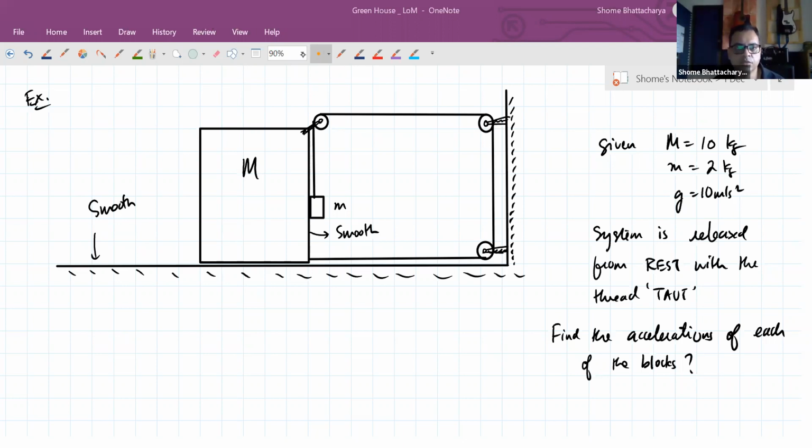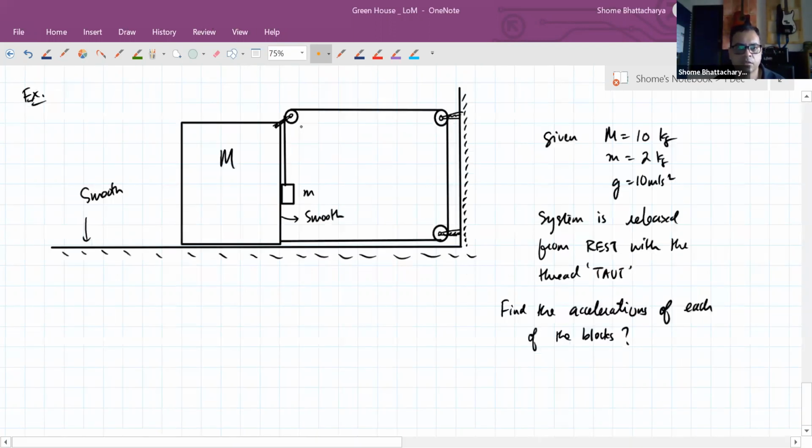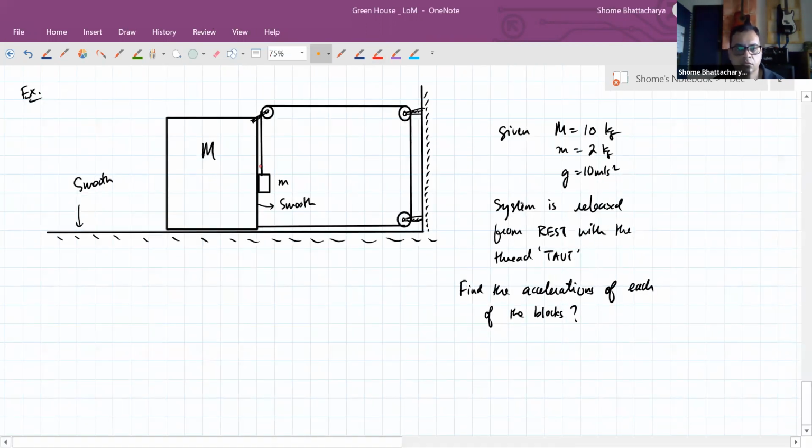Let's understand the approach to this question in more detail first. So uniform magnitude of tension T acting everywhere in this.